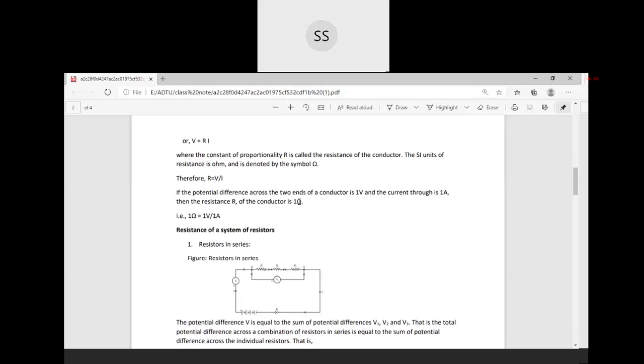If in an electric circuit the potential difference is 1 volt and the current produced in the circuit is 1 ampere, then the resistance of the circuit or conductor is 1 ohm.